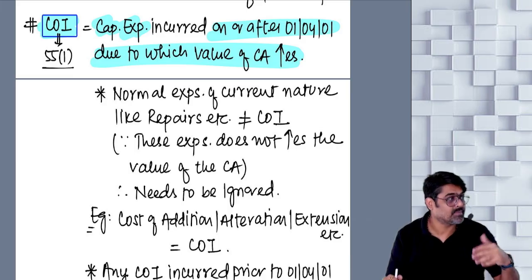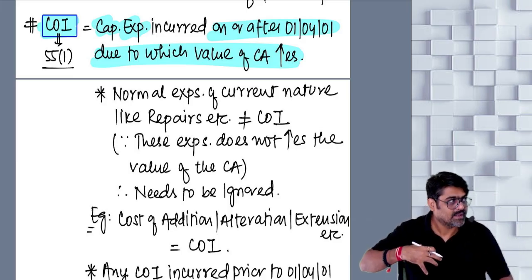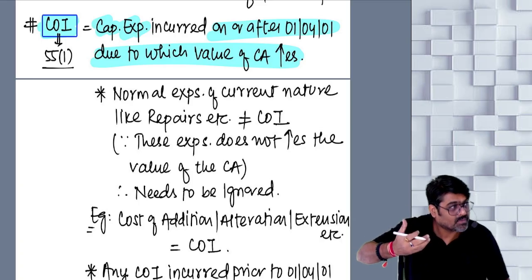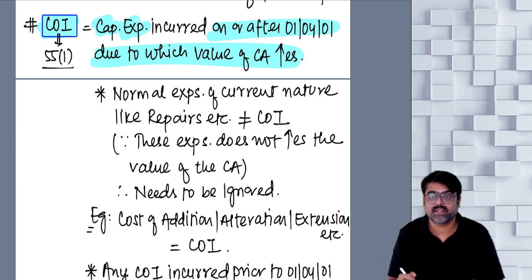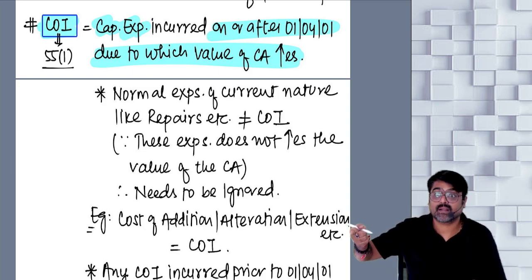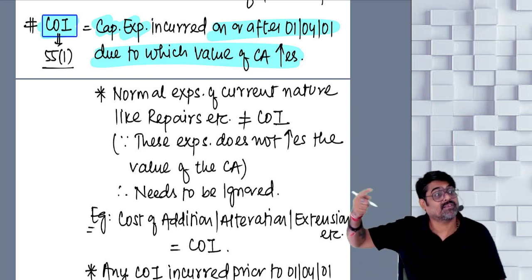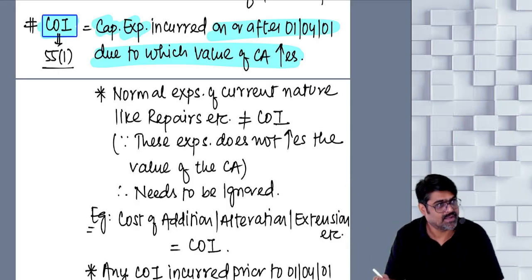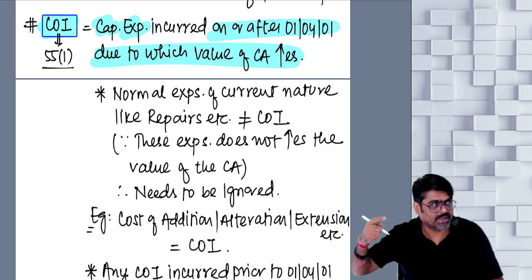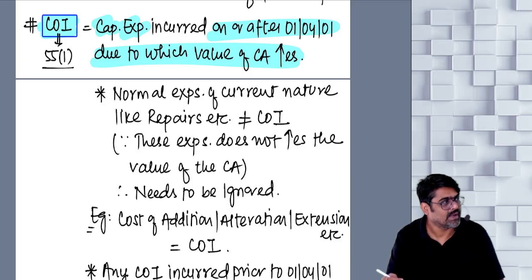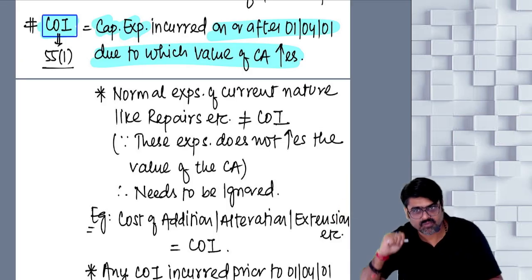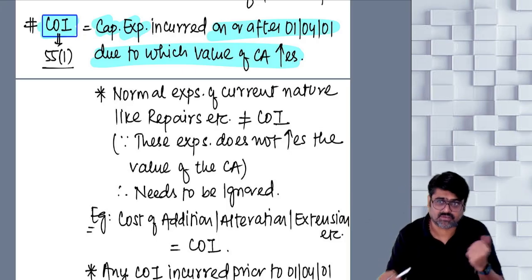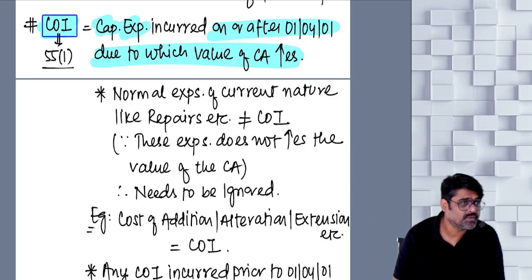From that extension work, have I incurred some cost? Yes. Because of incurring that cost, the area of my premises increased, and because of that, this bigger premises can be sold for a higher amount. Value increases, yes or no? And the cost which I have incurred, which increases the value of my premises, is nothing but cost of improvement.